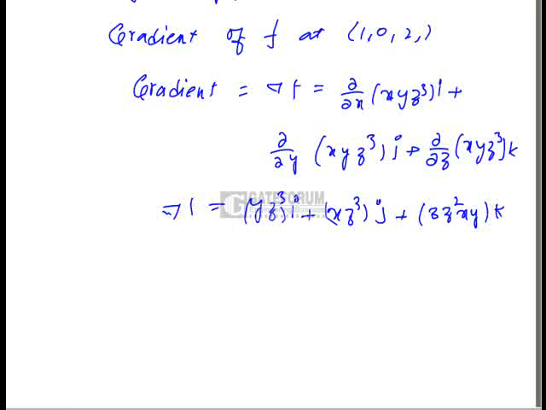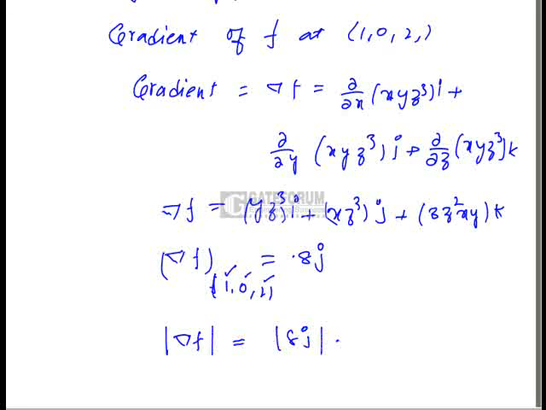Now del f at (1, 0, 2) will give you 8j. Just substitute x as 1, y as 0 and z as 2. Now the gradient is the modulus of del f, which equals the modulus of 8j, that is root over 8 square, which is 8. So the option B.